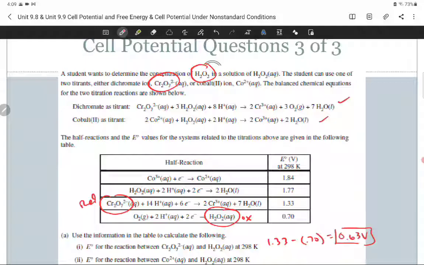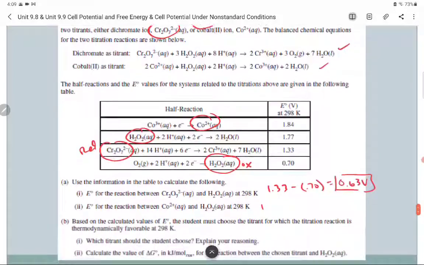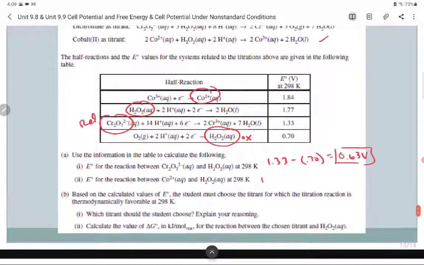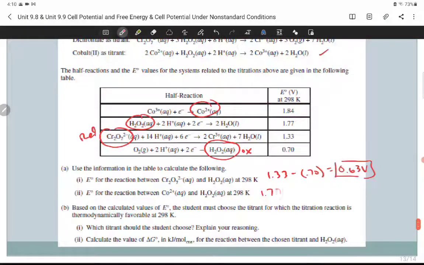Cobalt and hydrogen peroxide. Cobalt ions, I should say. So it's already written there as a product. So I think in that case we need to use those two. Let's move that up just a little bit here. 1.77 minus 1.84.